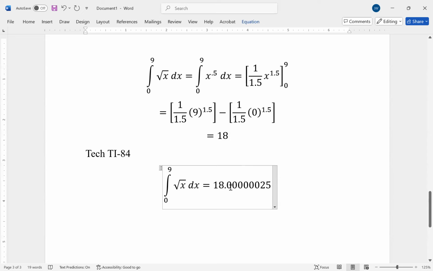The reason that technology did that is because technology, the TI-84 in particular, utilizes numerical algorithms to find that signed area. And sometimes those numerical algorithms are going to give us the exact values. Other times they're going to be just slightly off.